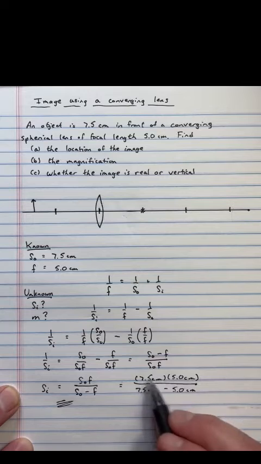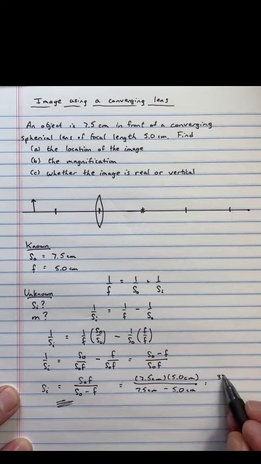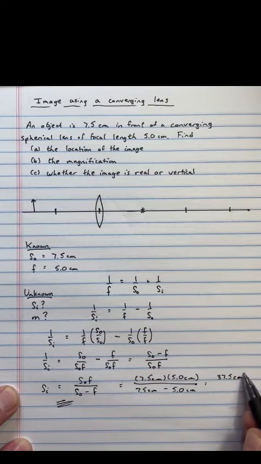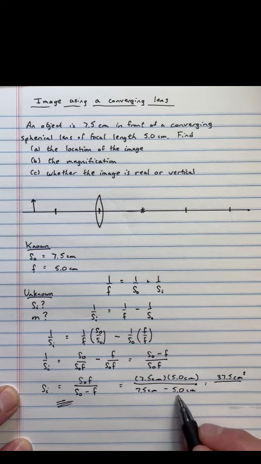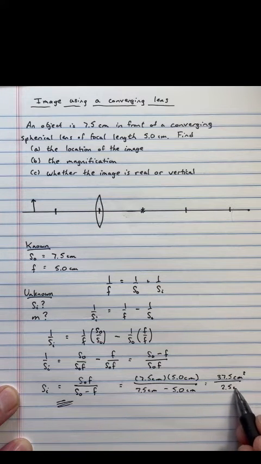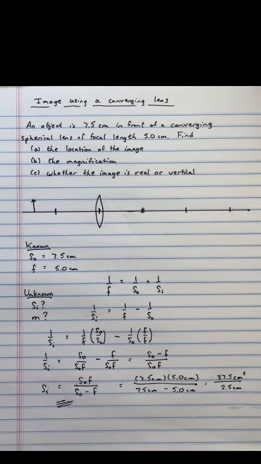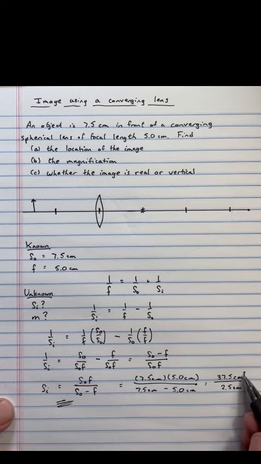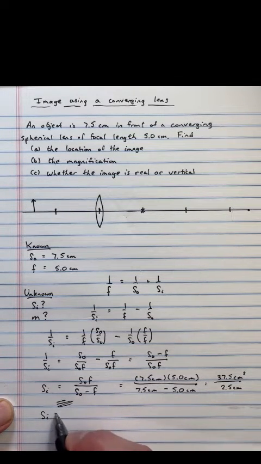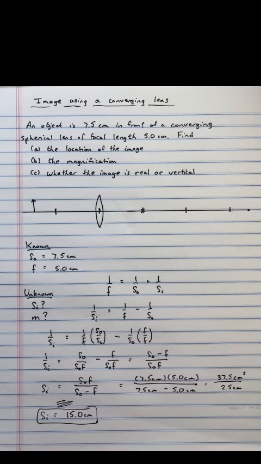Okay, so 7.5 times 5 is 37.5. 7.5 minus 5 is 2.5, like that. And we can check with the calculator to see what happens, but we end up getting 15. One of the centimeters on top cancels the centimeter bottom, so SI equals 15 centimeters. So that is our solution. So the image should show up 15 centimeters away.